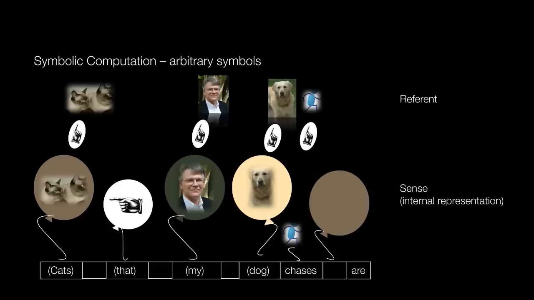It gets a little better if you are willing to agree that we have internal representations in our heads, which are these little thought balloons here, which, by the way, is also something that people argue. There's a whole school of thought that says, oh, no, we don't have internal representations. But still, there's nothing here that says how to assemble these internal representations either.